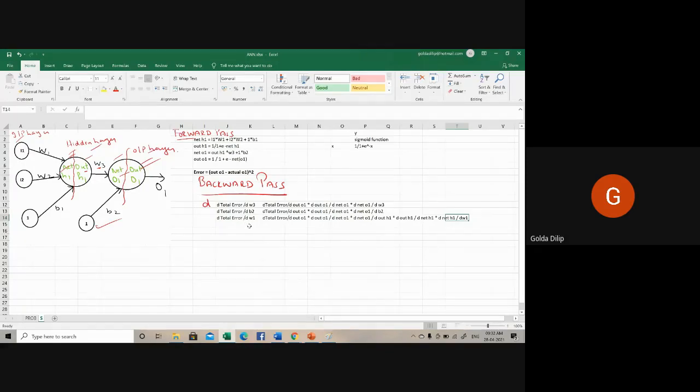Okay, so next, what is pending for me? I need to do W2, d of W2. So it's the same equation with a slight change.